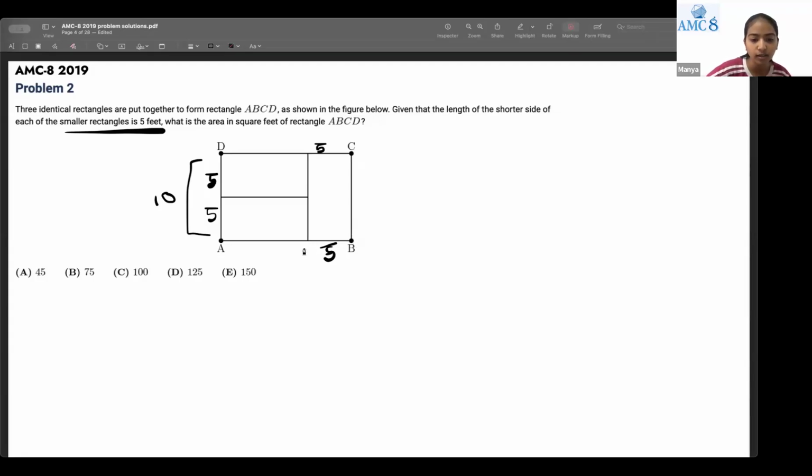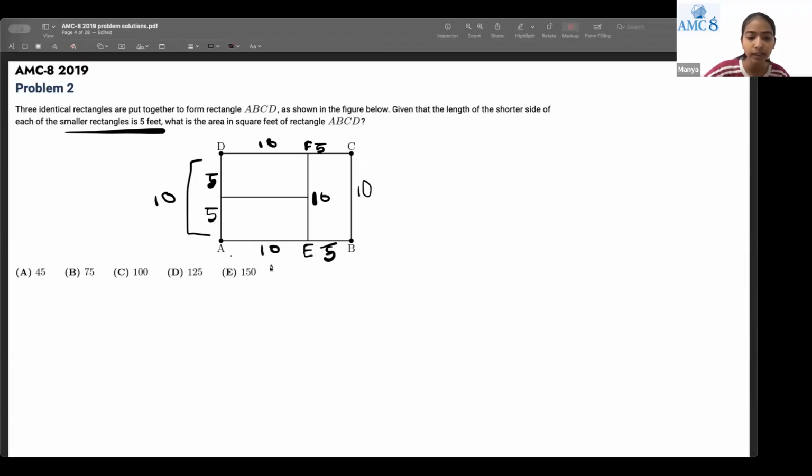To find out the length of AE, since we know that AD is equal to 10, and AD is equal to AE, and suppose this point is F. We also know that FE is equal to 10, since CB is equal to 10 as well, 5 plus 5 is equal to 10. So the length of AE and DF would still be equal to 10 because it's a square. So this would be equal to 10, and this would also be equal to 10.